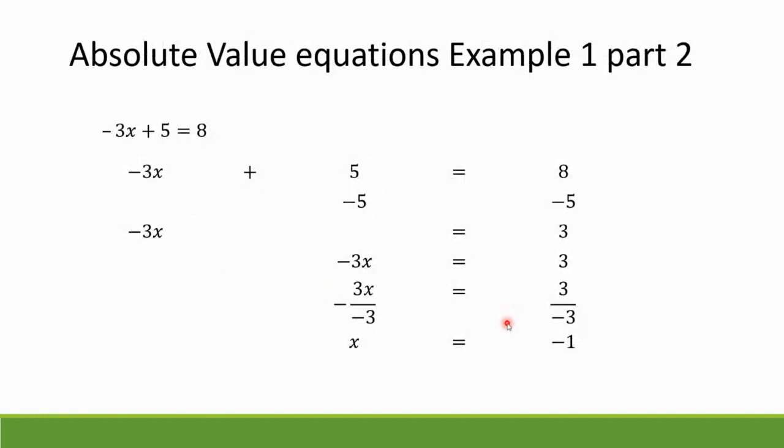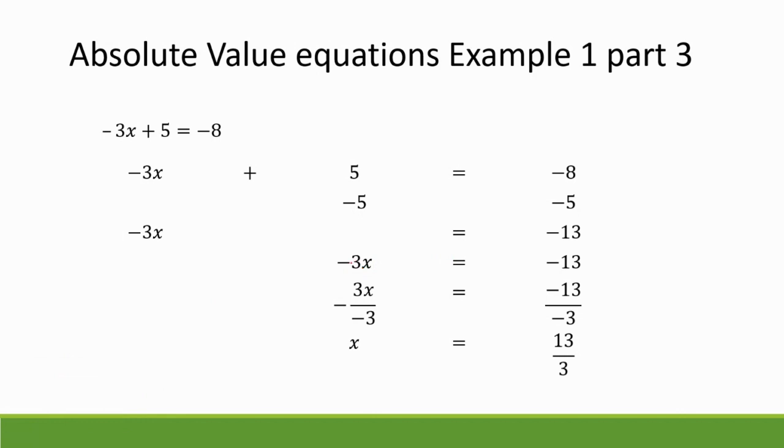It's actually the same steps for each one. So for instance, we have to get x all alone. Let's get the 5 out of here by subtracting. We subtract 5 from both sides. We get negative 3x equals 3. We want x all alone.